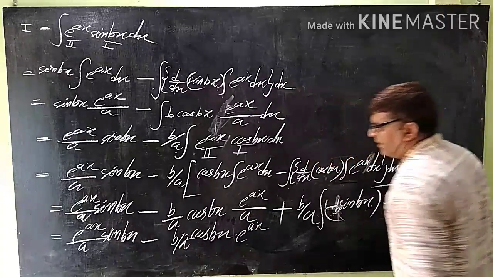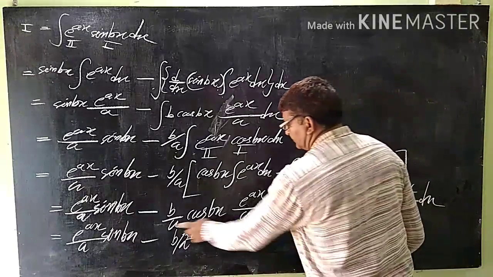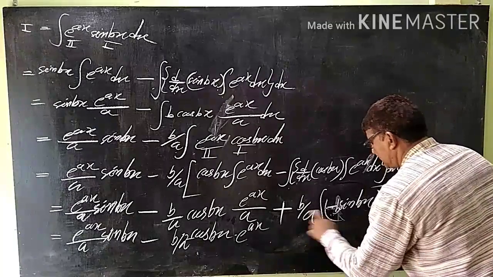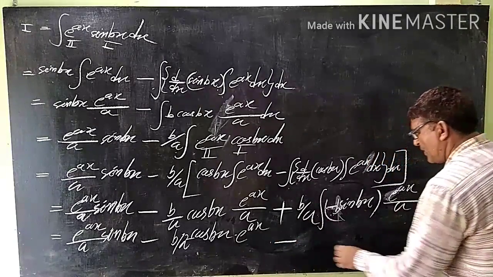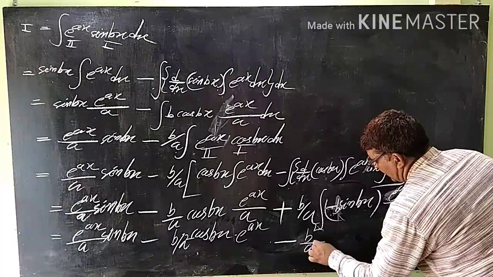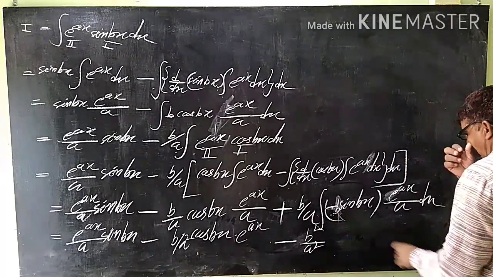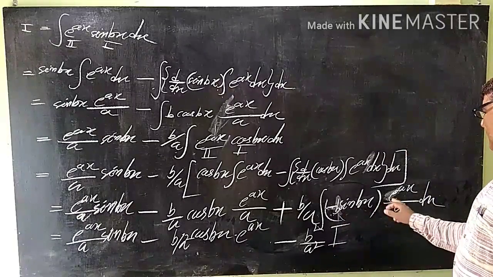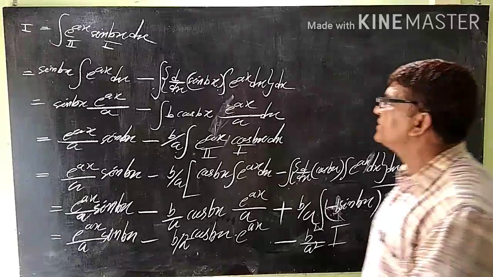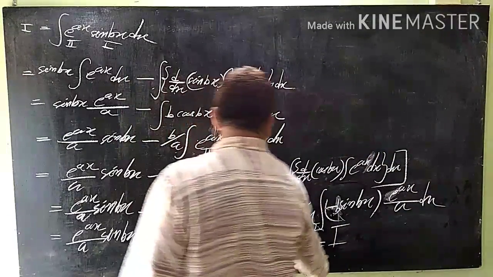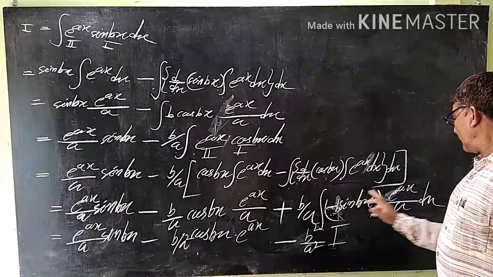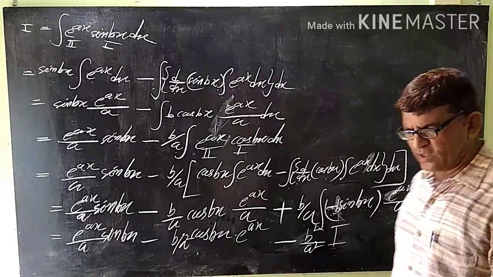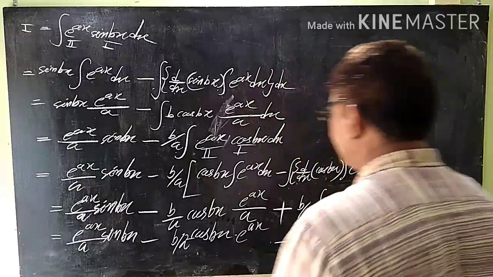This a becomes a square when a and a are multiplied, and this is equal to minus b square upon a square, and this is equal to I, because sin bx power of e ax is your question, and it is equal to I. We have taken b upon a outside, so it is equal to b square upon a square.